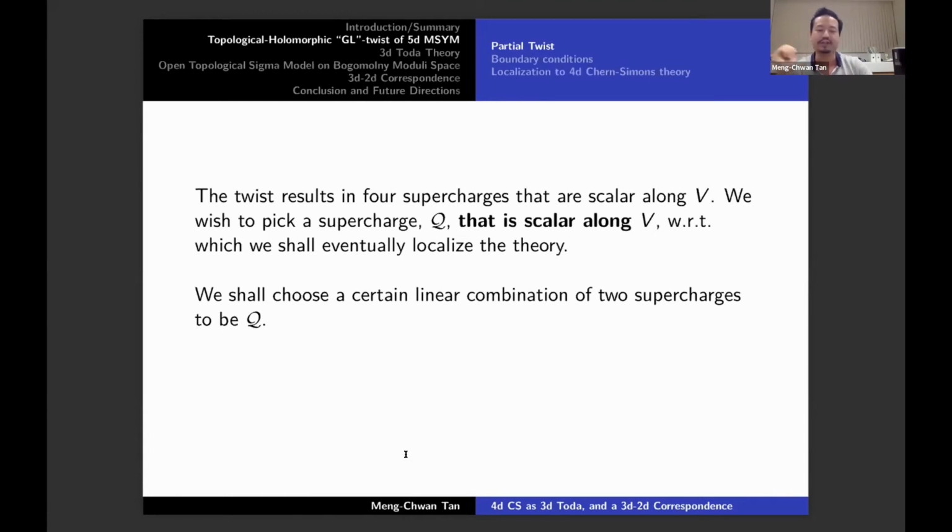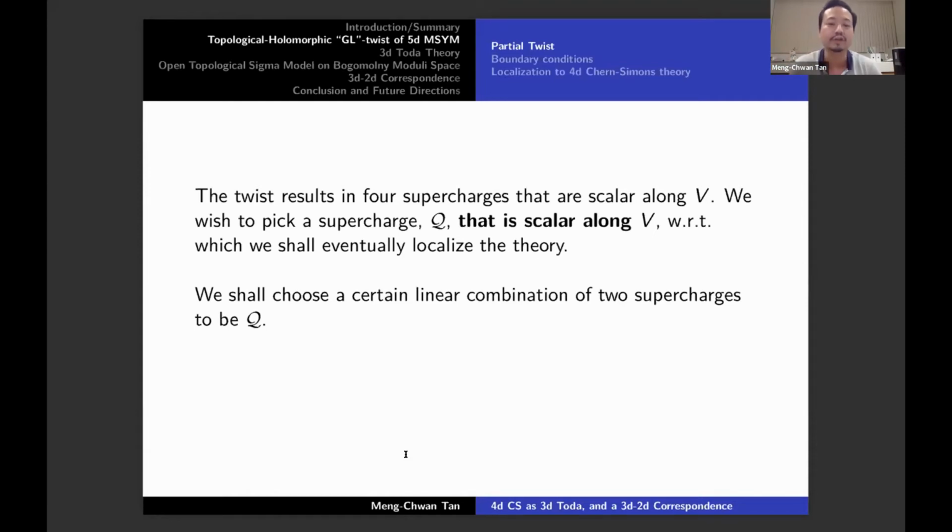So we have a choice to look at different BPS sectors of this twisted theory, meaning to look at states which are annihilated by a certain subset of these 4 supercharges that are scalar along V. Since they're scalar along V, the supersymmetries are preserved when you deform V topologically.